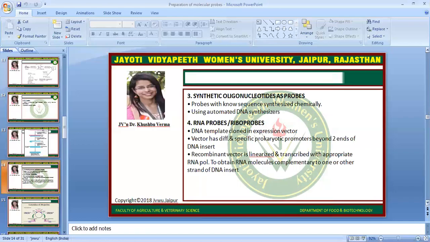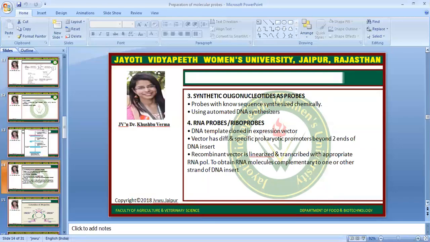Third one is synthetic oligonucleotides as probes. Probes with known sequences are synthesized chemically using automated DNA synthesizers. Next one is RNA probes or riboprobes. The DNA template is cloned in an expression vector.